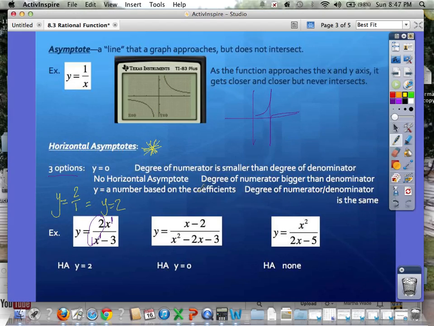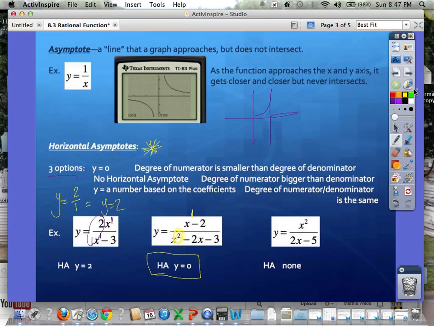All right, now, the second example, the degree on the top is a 1, and the degree on the bottom is a 2. So that means the top is smaller than the bottom, so that is automatically a horizontal asymptote at y equals 0.